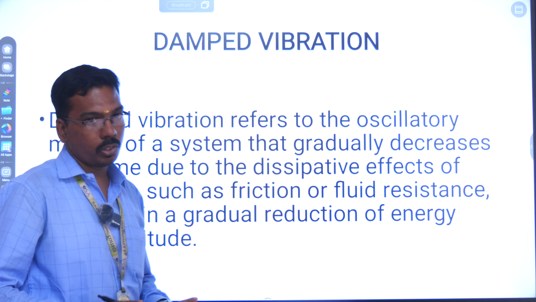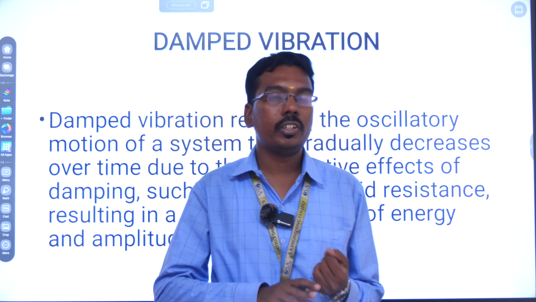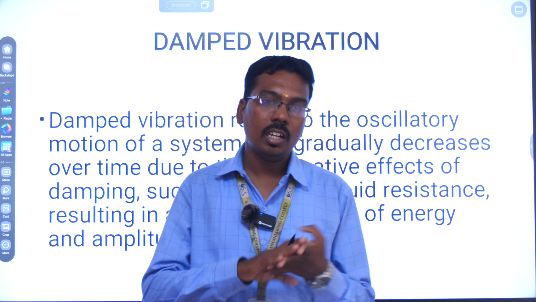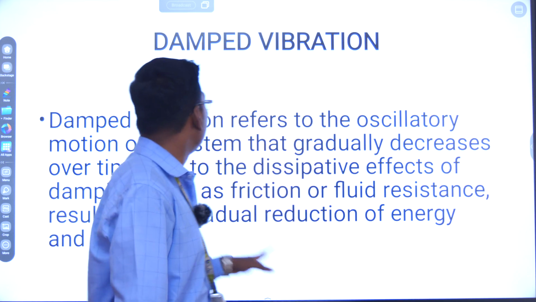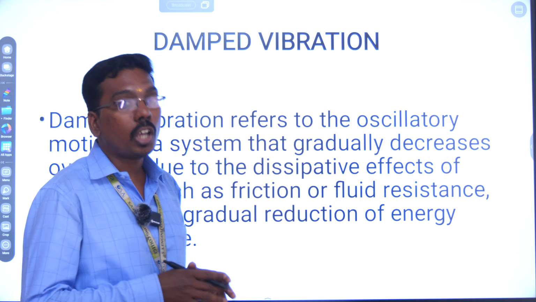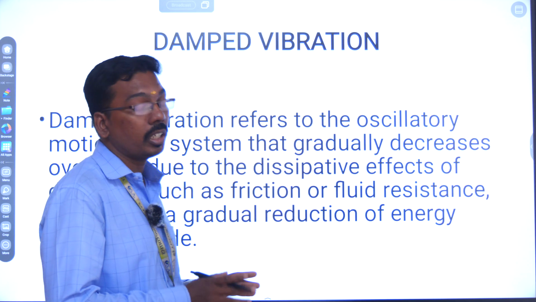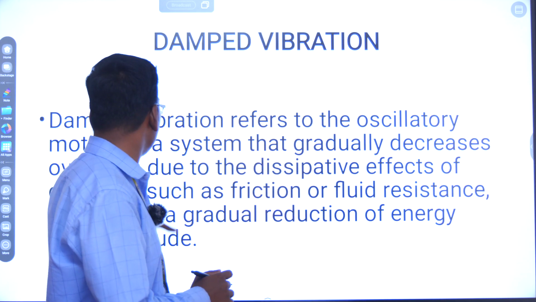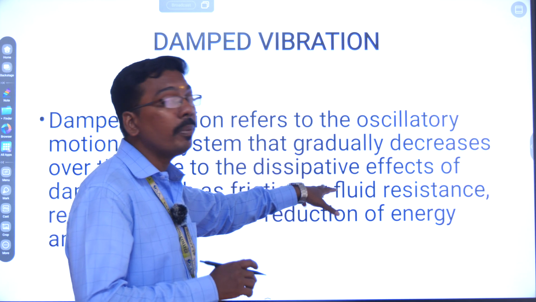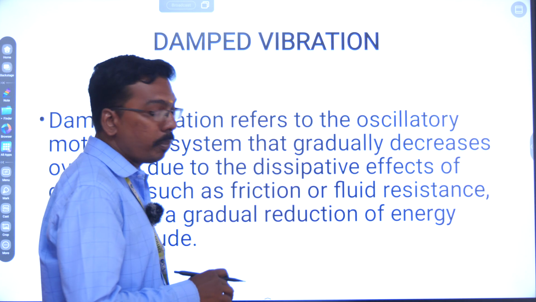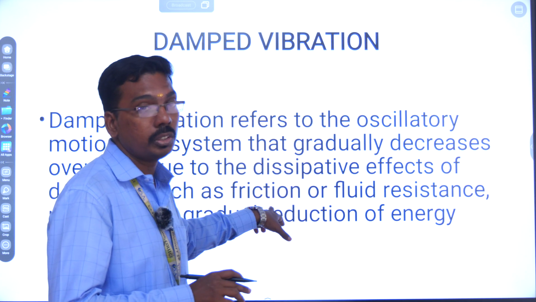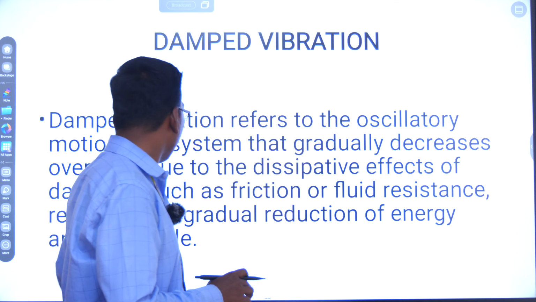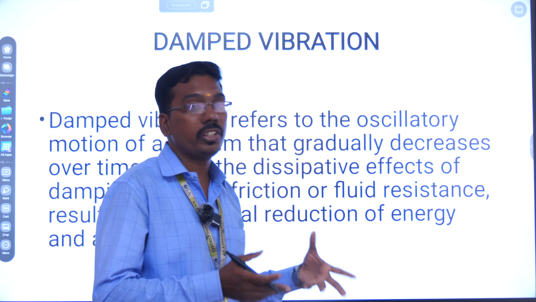So damped vibration. I have already told you free vibration, forced vibration, damped vibration and then undamped vibration. Then this is the damped vibration. It refers to the oscillatory motion of a system that gradually decreases over time due to the dissipative effects of damping such as friction. Friction is the most important thing, or fluid resistance, resulting in a gradual loss of energy.